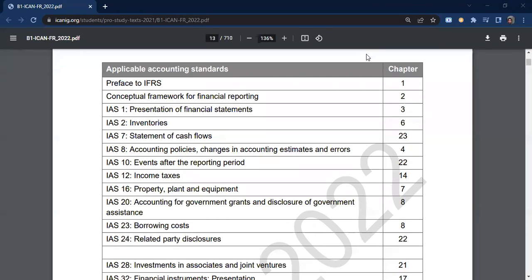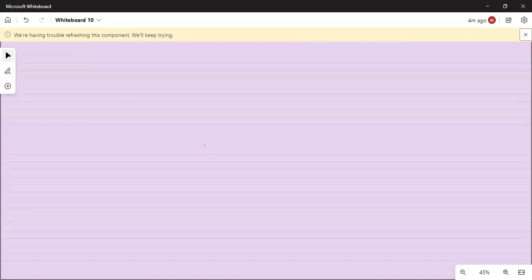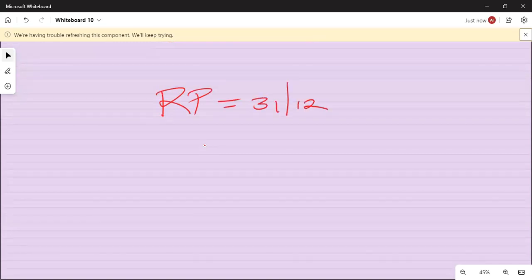Let's say, for example, your reporting period is 31st of December 2021. That is, you are reporting at this date of every year, 31st of December.